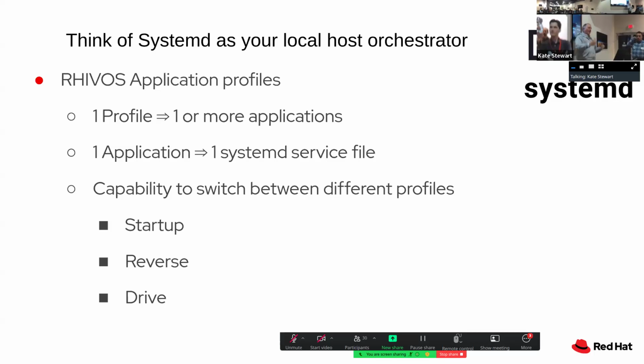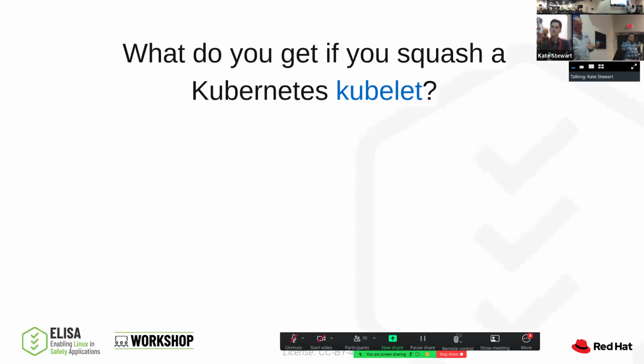Finally, when you put the car in drive, the backup camera turns off, the back sensors go off, and the front sensors turn on. You have different services changing, and that's all based on systemd changing the services. And we want each one of the services to be run as containers.